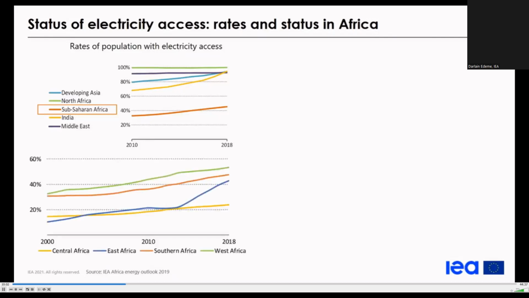Looking with a zoom in the different sub-Saharan African regions, you can see again the strong increase in East African electricity access rate over the past few years. And you would also see the difference between different regions, West Africa being at the highest level in terms of electrification rate, whereas Central Africa has the lowest electrification rate of the continent.